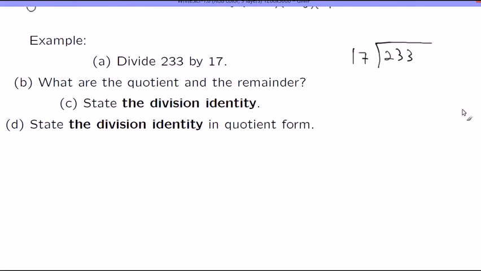You look at the first digit, 17 is not going into 2. You look at the next, 23, right? So you put lines like that in your mind. Oh, 17 goes into 23. Not 2 copies or 3 copies, only 1 copy goes in there. So you write down 1, and 17 is out there. Up to 6.